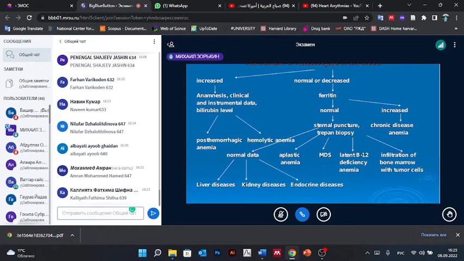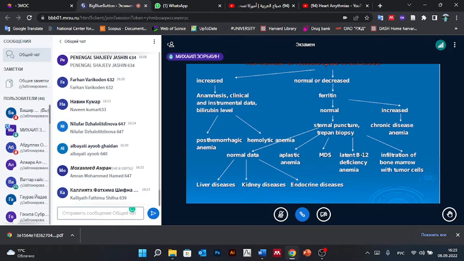In the case when the reticulocytes are normal or decreased, we will take a look at the ferritin level. When the ferritin level is normal, that could be latent B12 deficiency, myelodysplastic syndrome, aplastic anemia, liver disease, kidney disease, and so on.